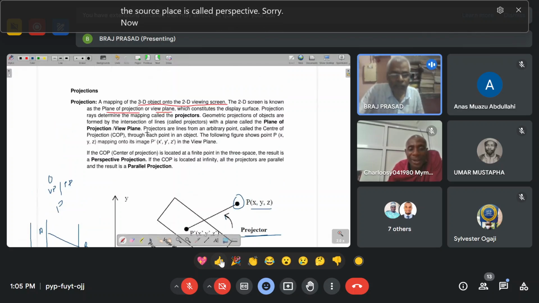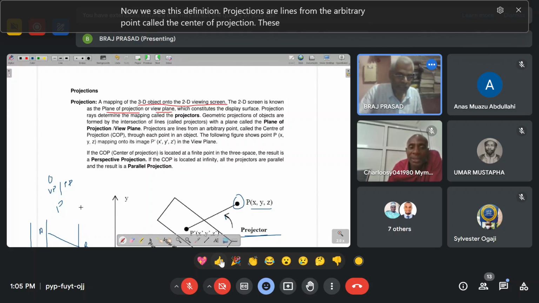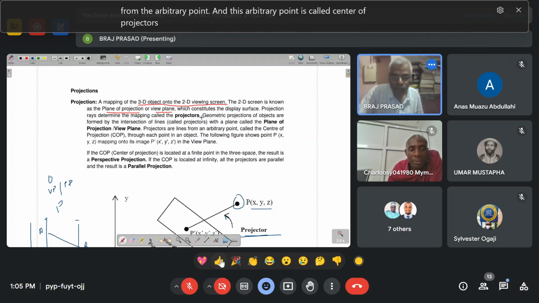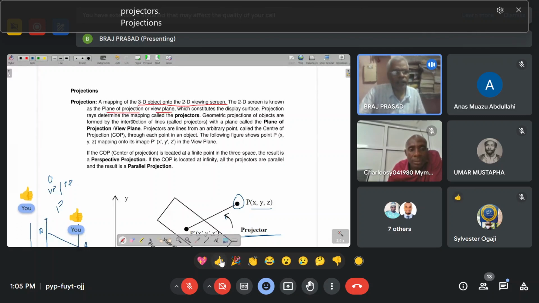Now we see this definition. Projectors are lines from an arbitrary point called the center of projection. These projectors can be drawn from an arbitrary point, and this arbitrary point is called the center of projection, COP. Projection rays determine the mapping called projectors.